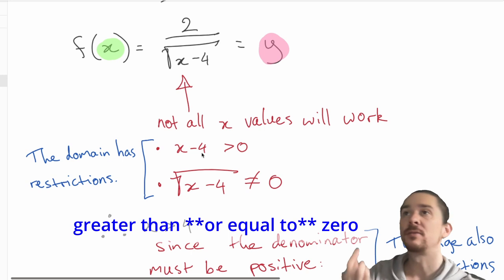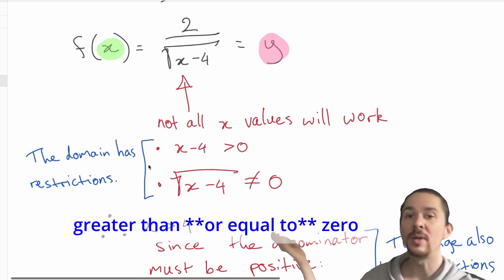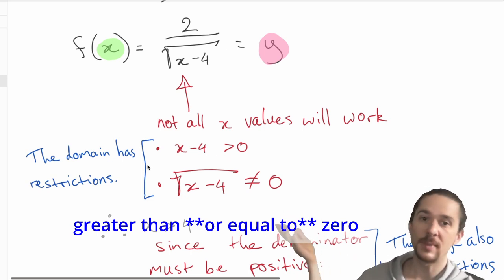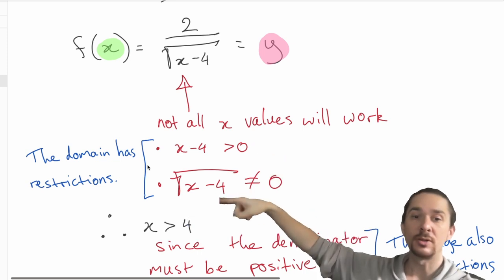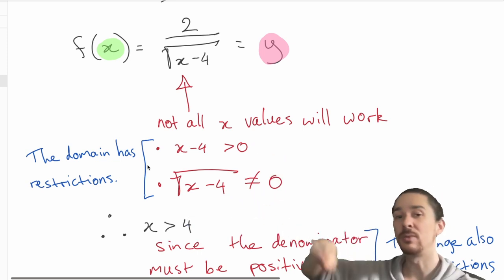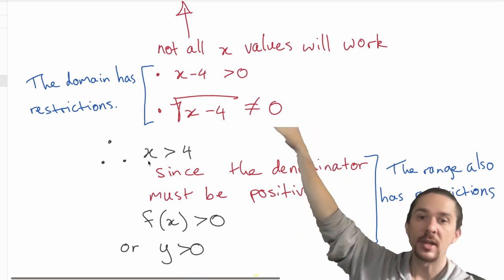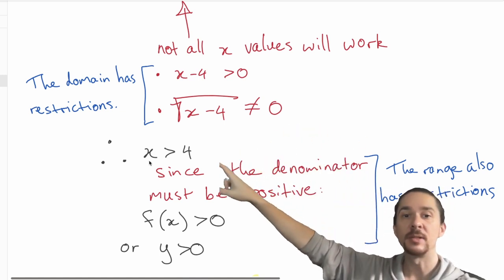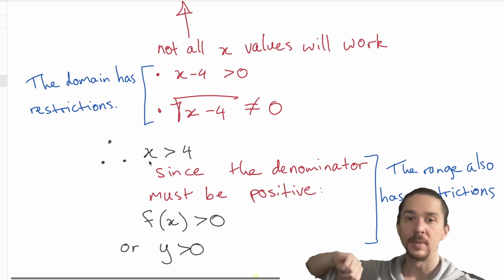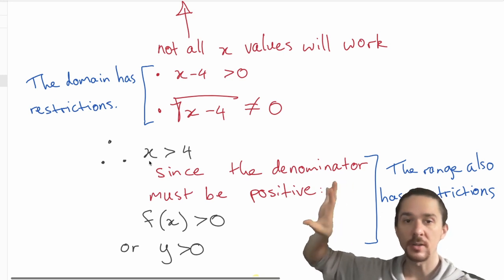So x minus 4 has to be greater than 0. So we have these two restrictions on the domain. x minus 4 must be greater than 0, and x minus 4 square rooted cannot equal 0. Now, because x minus 4 has to be greater than 0, we rearrange like an inequality, and we get that x must be greater than 4. This will keep the denominator positive.